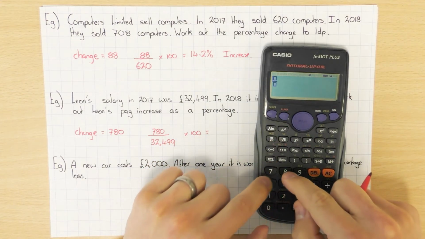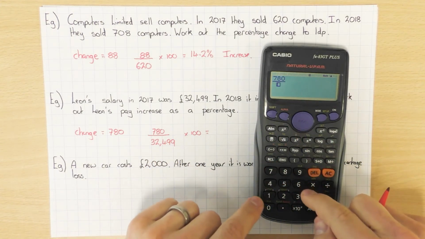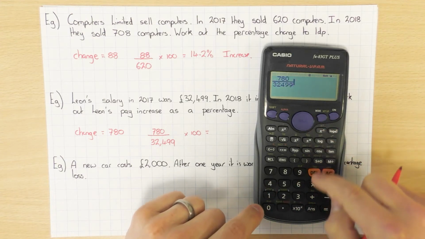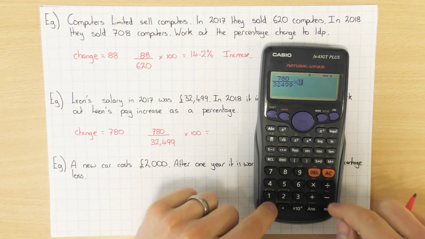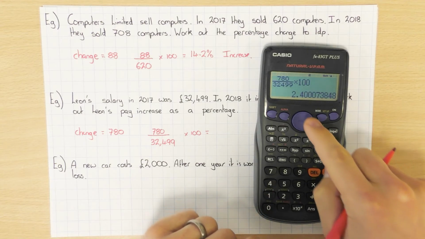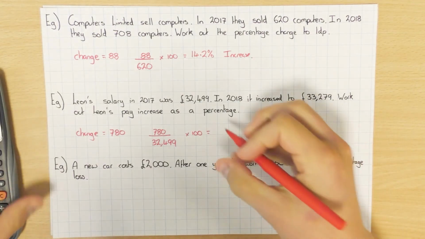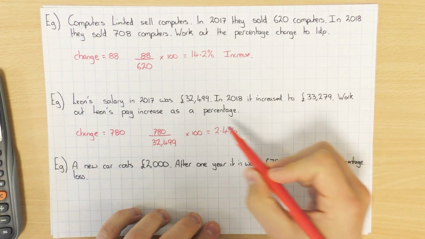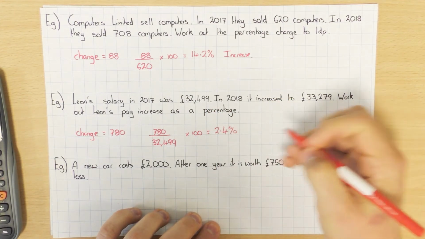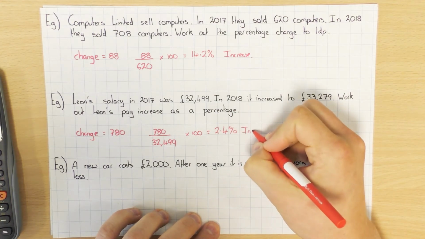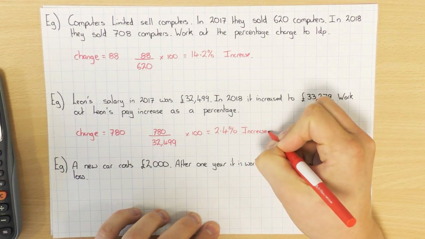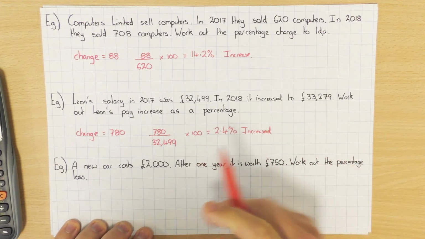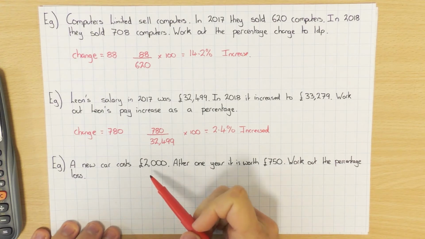So let's do that. So 780 over 32,499 times by 100. 1 decimal place, 2.4%. And again, it tells us it's increased, but we can see it's an increase. But let's just put it anyway, just to be doubly sure the examiner's happy. 2.4 increased. And then finally, a new car costs £2,000.